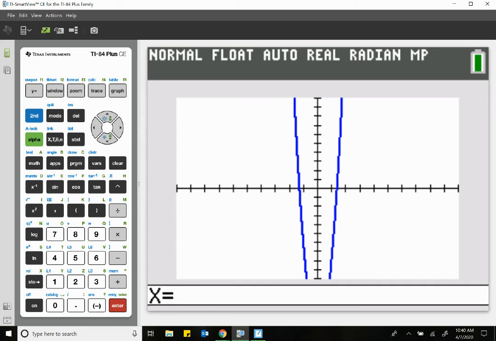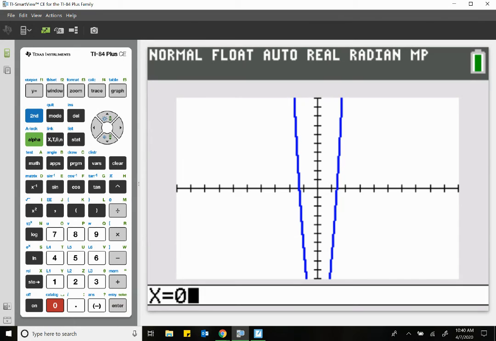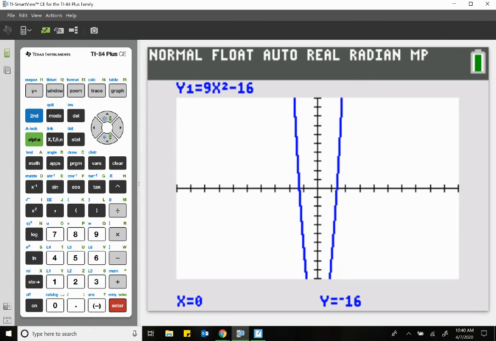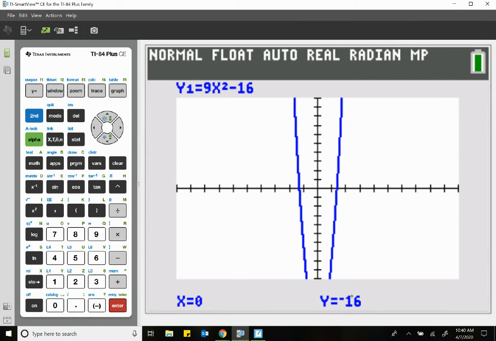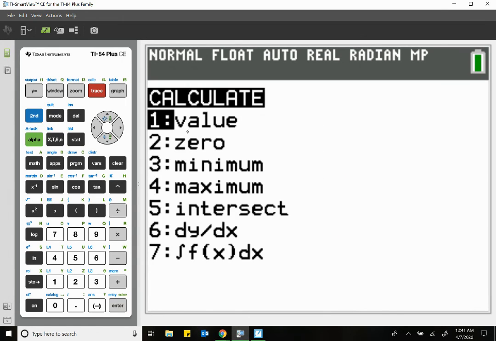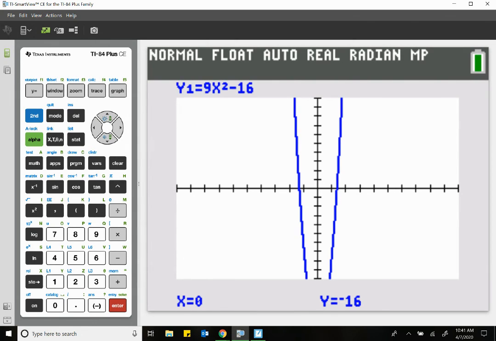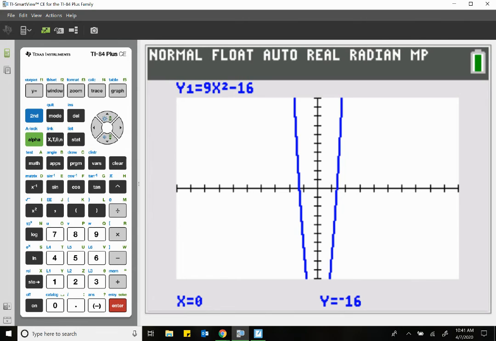Once you click on it, it'll ask what you want x to be. We want x to be 0. And there it is. There's your y-intercept, negative 16. So again, if you want to find the y-intercept using the calculator, second trace, click on value and tell it that x is 0. And there's your y-intercept, negative 16.